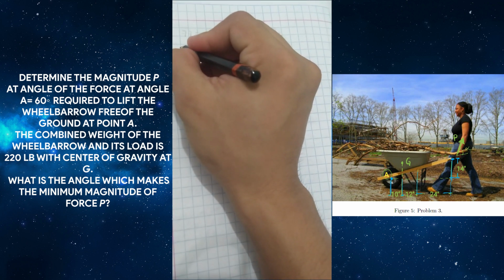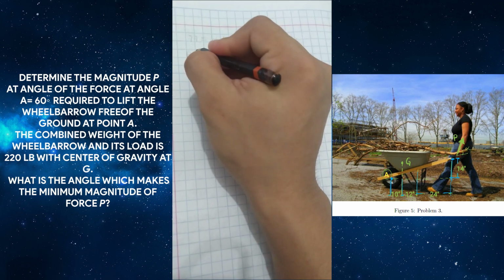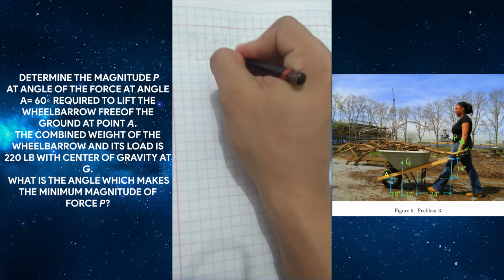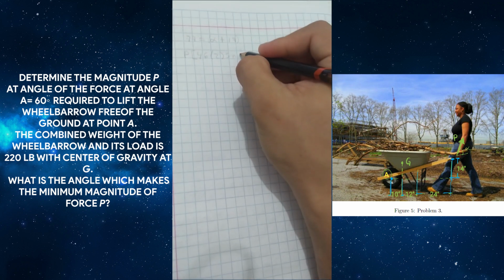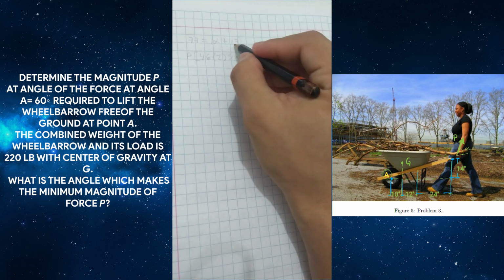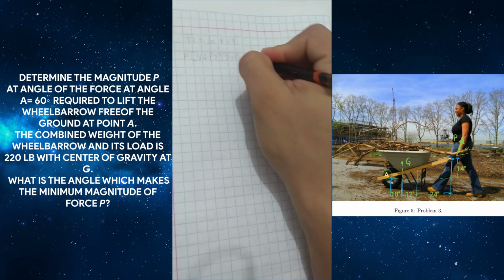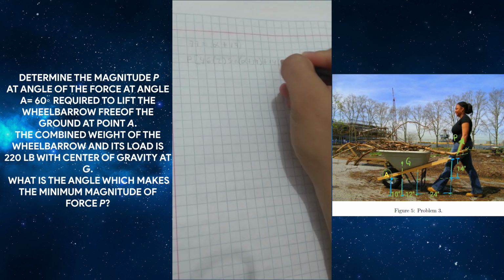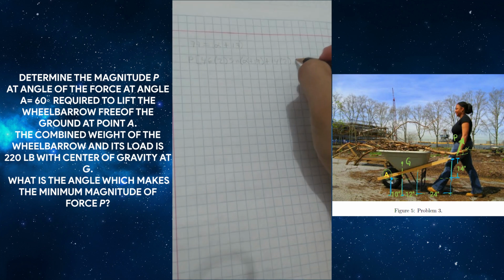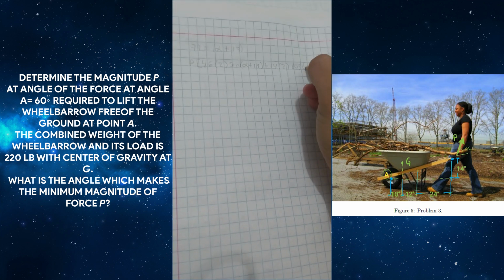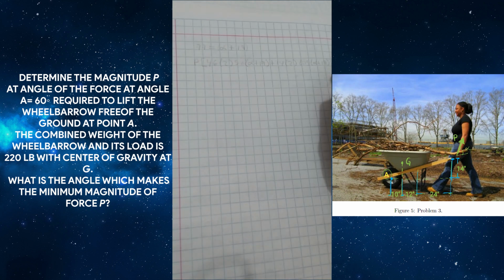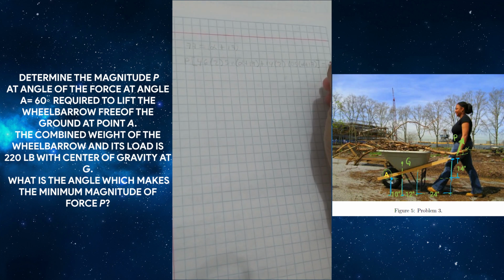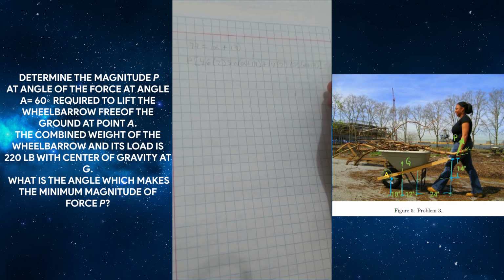The last expression was P times 46 times 2 times sine of alpha plus 17 plus 14 times 2 times cosine of alpha plus 17, and all of this is equal to 2200.